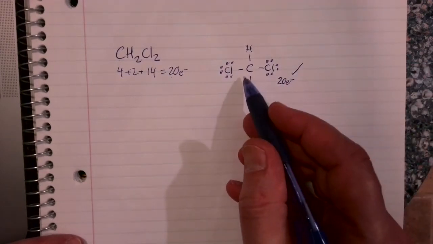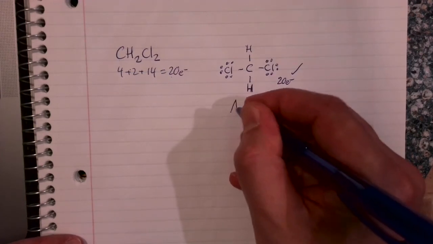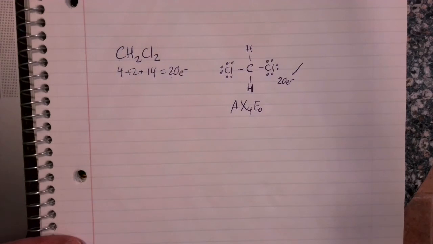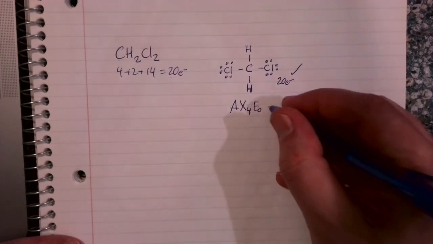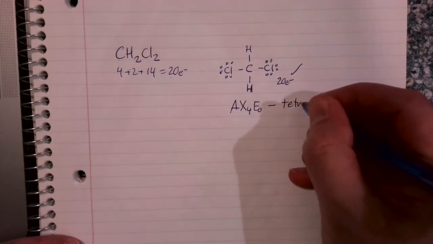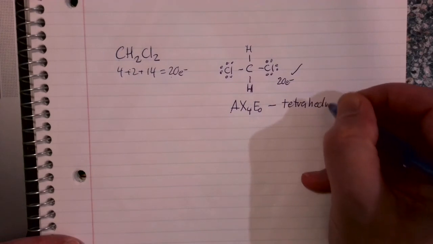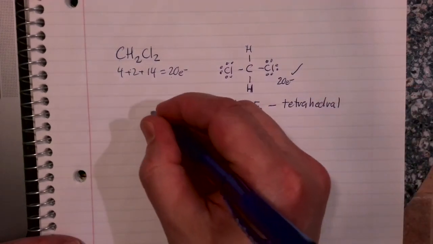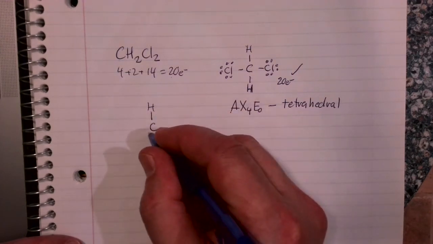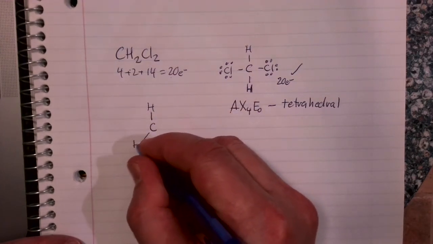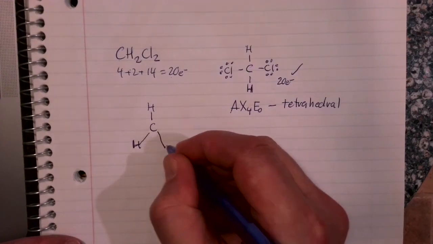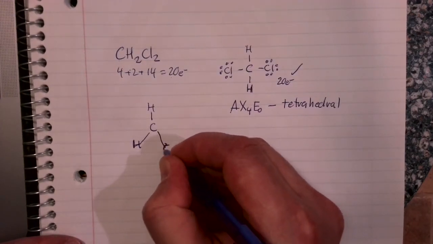We can then say, well, this is an AX4, right? And since it's an AX4, it must be a tetrahedral shape. And so if I were making this, I would have my carbon in the middle, and I'd have H's on 2 of the corners of a tetrahedron, and I'd have Cl's, right, on the other corners.